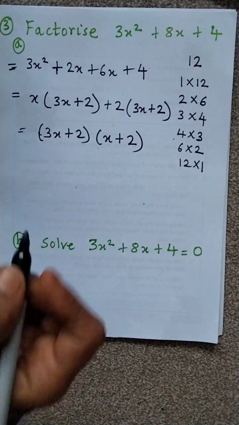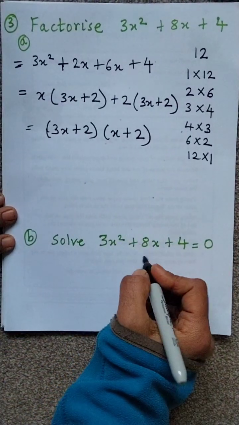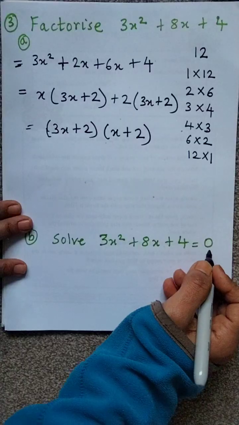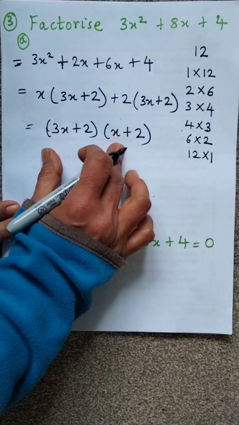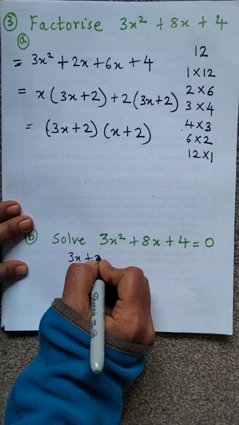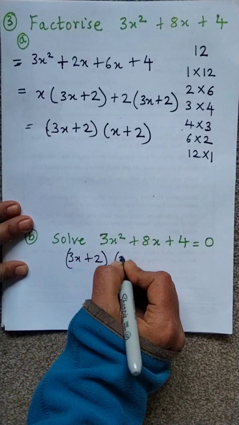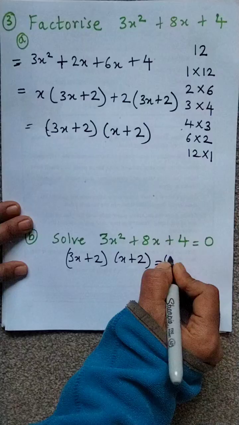Now they have asked to solve 3x square plus 8x plus 4 is equal to 0. Same question but equal to 0. So we have already factorized it: 3x plus 2 times x plus 2 is equal to 0.